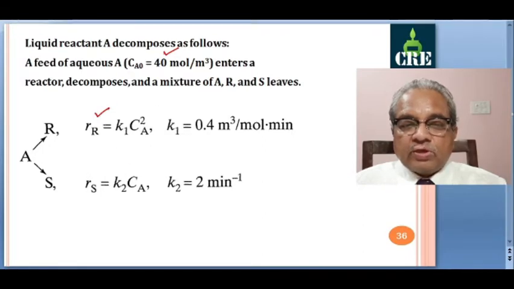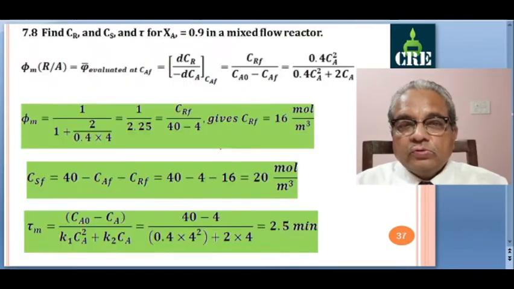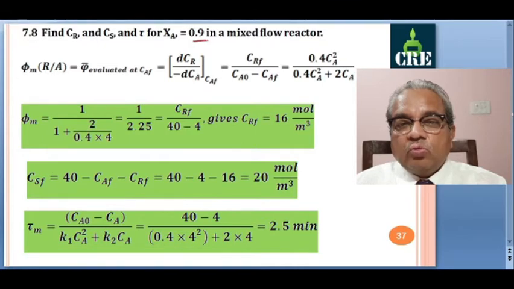Rate of formation of S is K2 Ca, a first order reaction. The second order rate constant is given as 0.4 and the first order rate constant as 2, so the rate constants are known. Find Cr, Cs and tau for Xa equal to 0.9 in a mixed flow reactor.